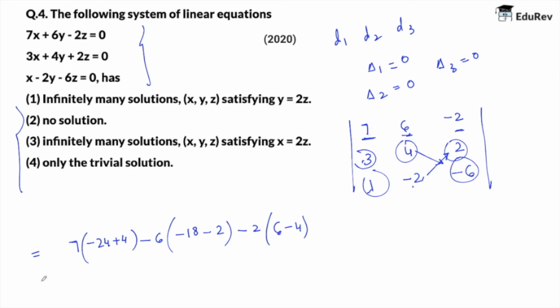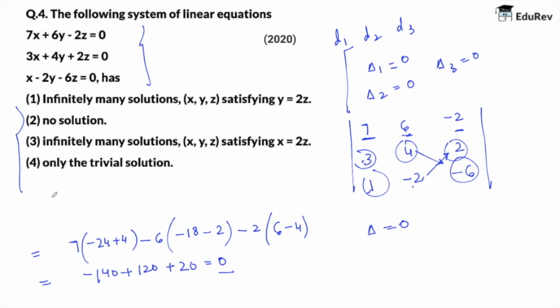And when we solve this, we get that delta is also 0 because this is going to be minus 140 plus 120 plus 20. So all of this has to be equal to 0. So we know that delta is 0, and delta 1, delta 2 and delta 3 are equal to 0. Hence, for the given system of equations, infinitely many solutions are possible. Correct?